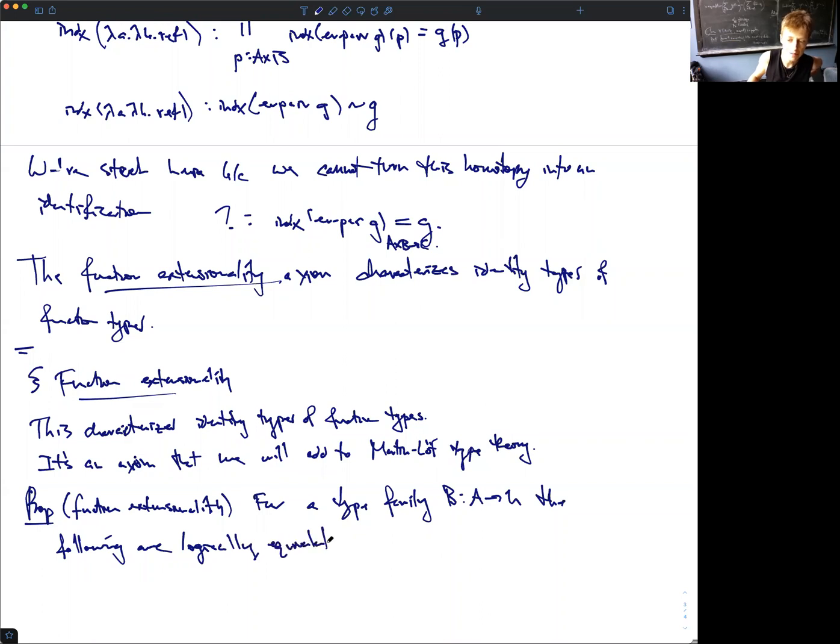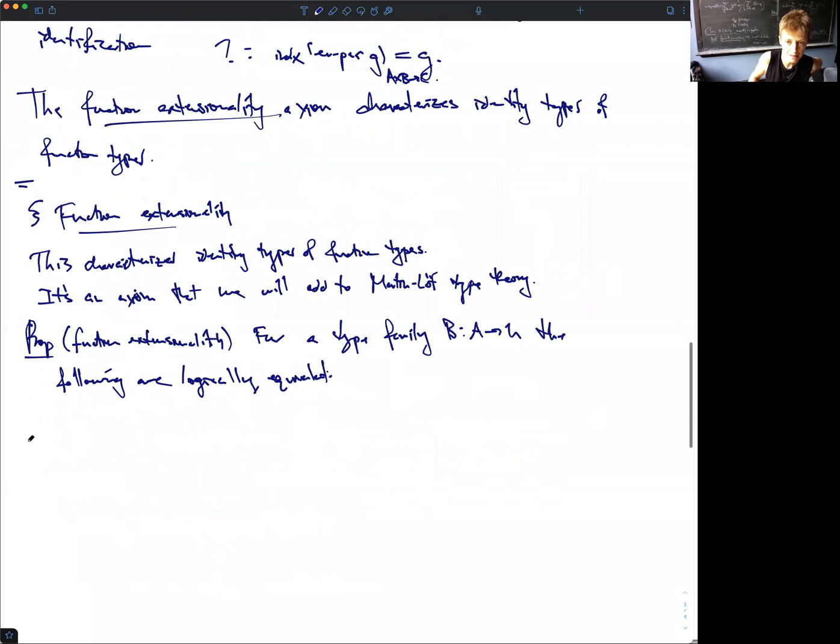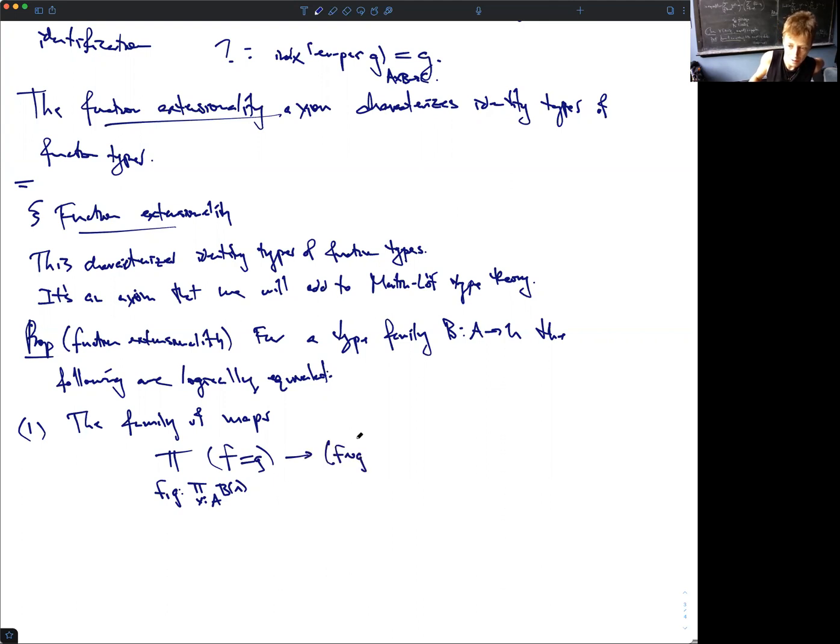So the first is perhaps the most traditional statement of it. It says, for any pair of dependent functions, given my type family B over A, I could consider a pair of dependent functions, and I could consider an identification between them, or I could consider the type of homotopies between them.